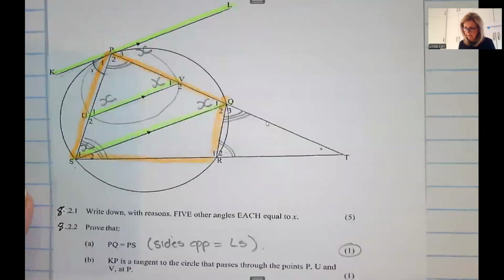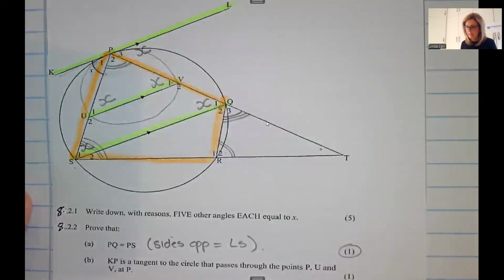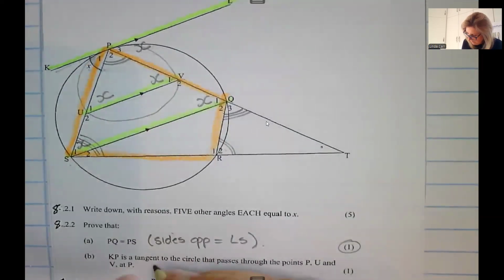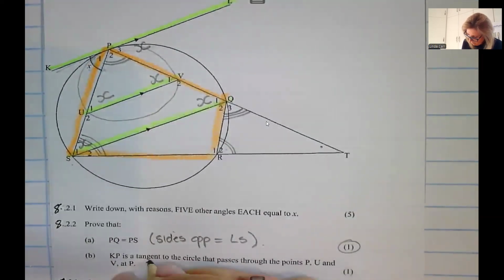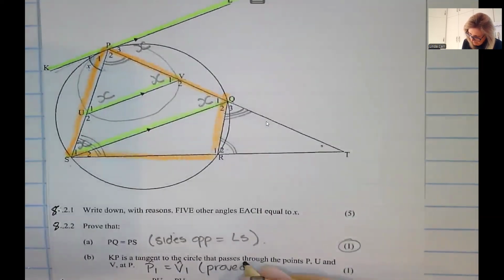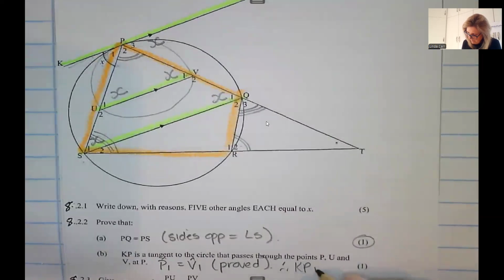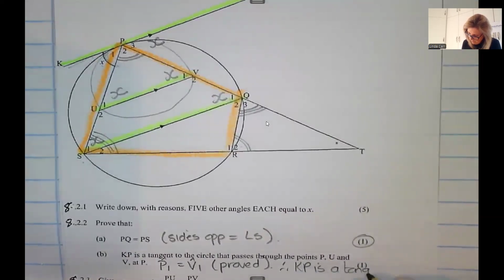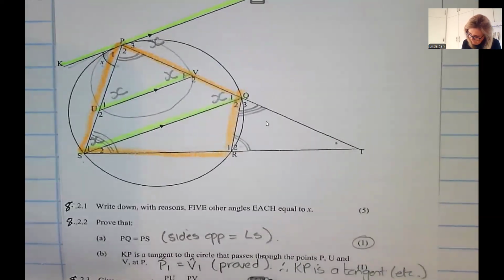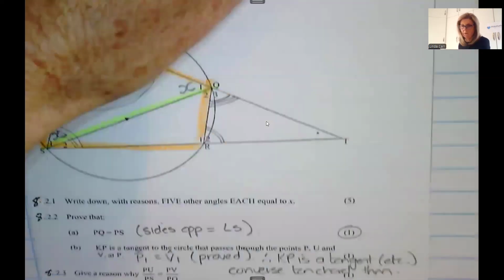Therefore, it must be a tangent because it's the converse of the tan chord theorem. So all I'm going to say is angle P1 is equal to V1, already proved. Therefore, KP is a tangent, etc., because of converse tan chord theorem. Sorry, that's not on the screen.